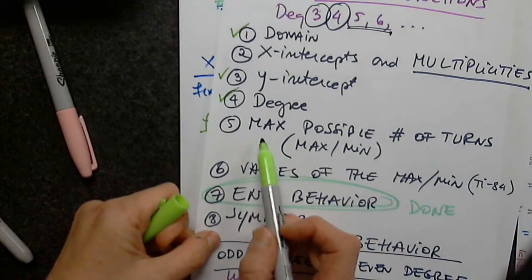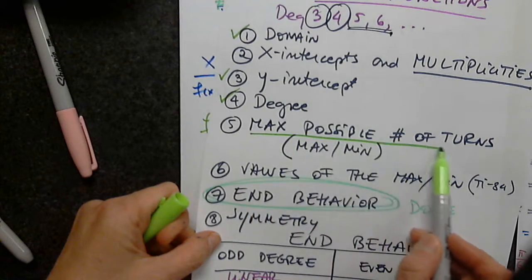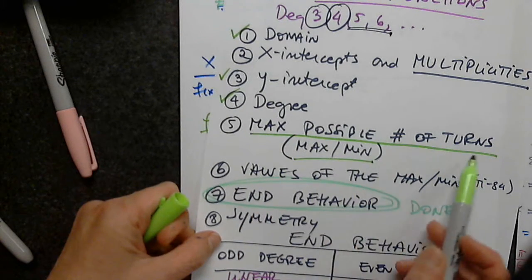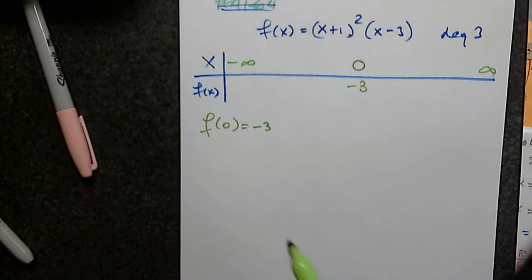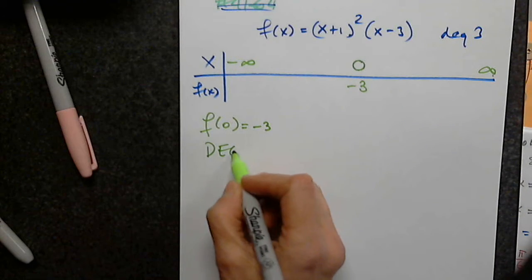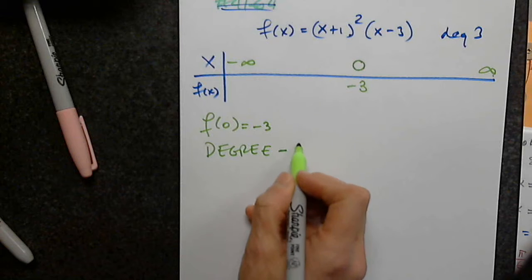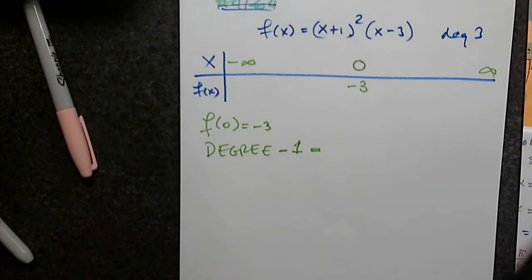I'm here now. Maximum possible number of turns, or possible number of max-min, is always degree minus 1. What is the degree of a linear function? 1. How much is 1 minus 1? How many turns are possible in a linear function, max, min? Of course, none.